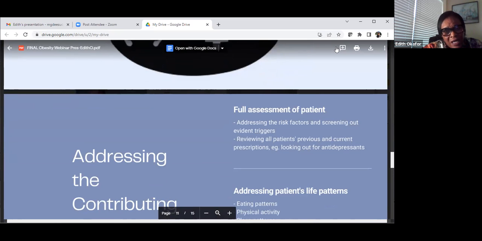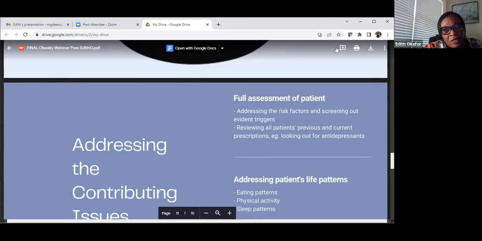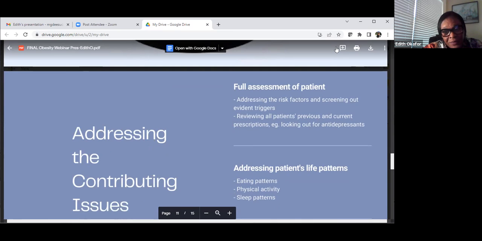The first thing I do if I have a patient is fully assess the patient, and that could take about 45 minutes because I must take a good history and screen out the evident triggers, review the patient's prescription, and get everything I need to give me a picture. So that's the full assessment we're talking about.